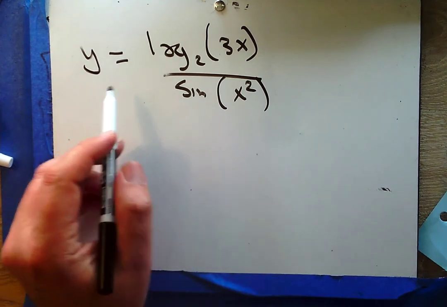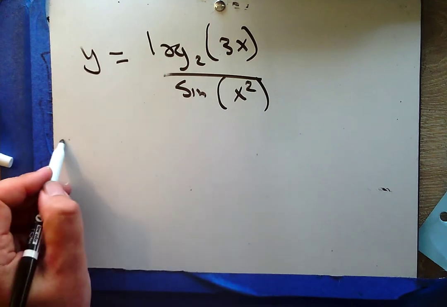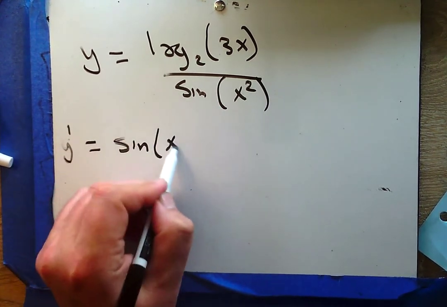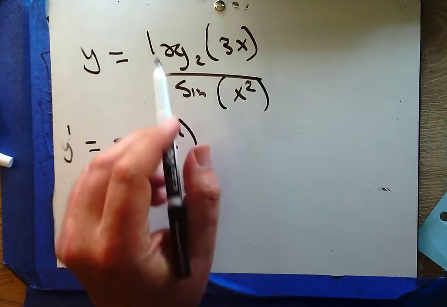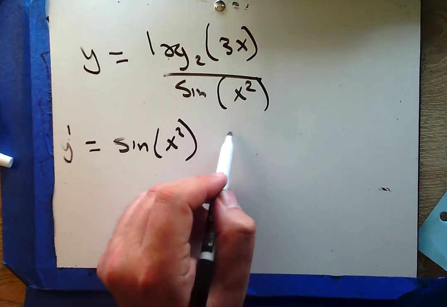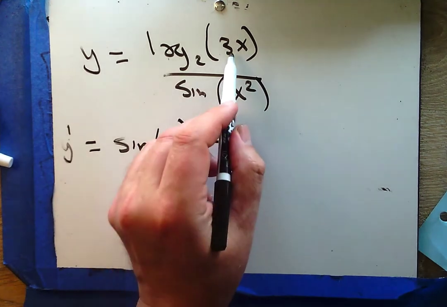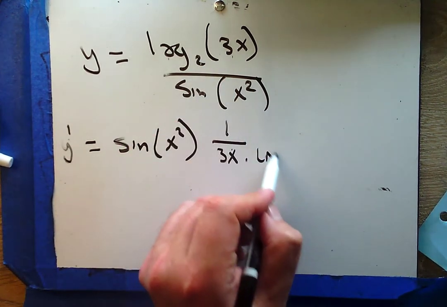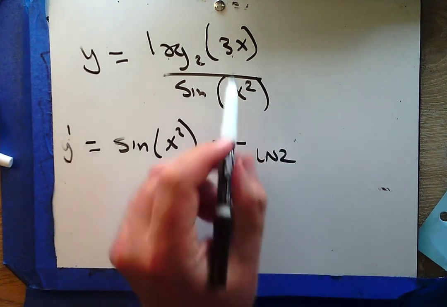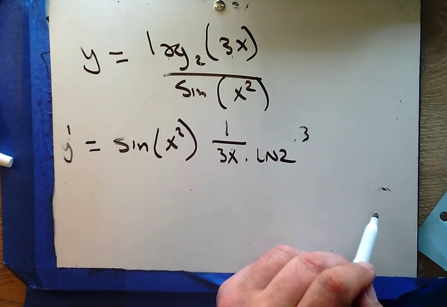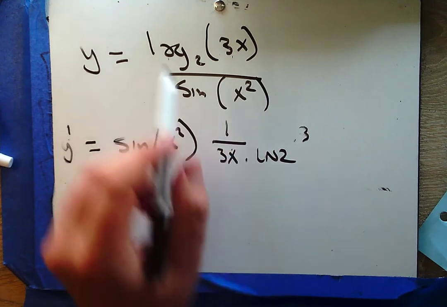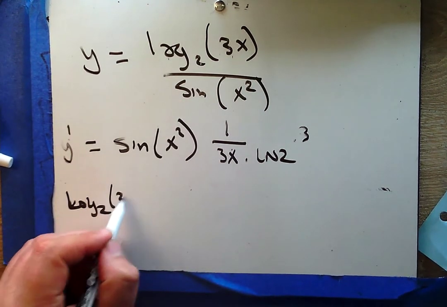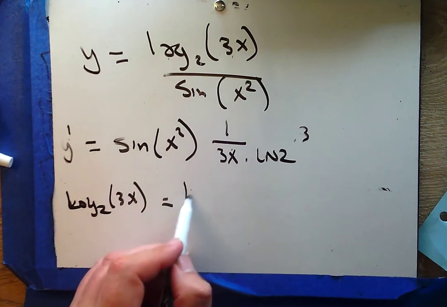Welcome back. Hey, so quotient rule. Y prime equals low d high. Derivative of this is 1 over stuff, ln of 2, times the derivative of stuff. So, right, because let's rewrite this log base 2 of 3x using the change of base formula.